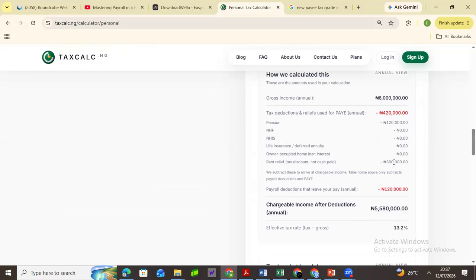Can you see it's 300,000 naira that is showing instead of the 1.5 million naira that was inputted? That's 300K, 20% of 1.5. Subtract this to arrive at chargeable income.